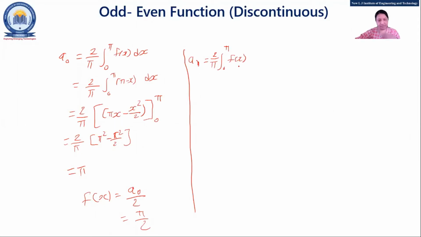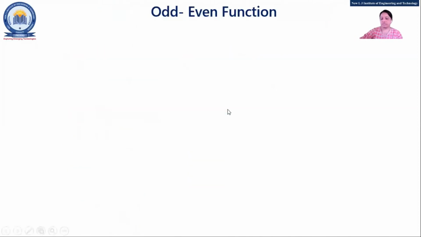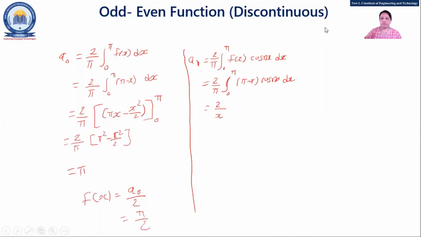With an we will have the cos term, cos nx dx. Again here it is 0 to pi, so obviously we'll take pi minus x. Integration as it is 0 to pi, pi minus x cos nx dx. Just solve it quickly.